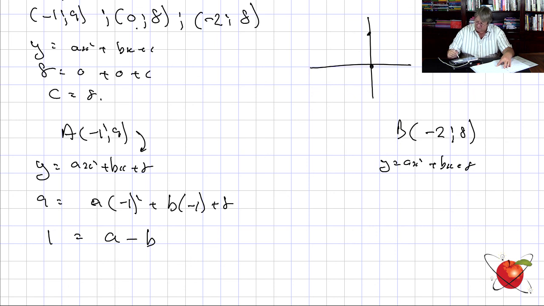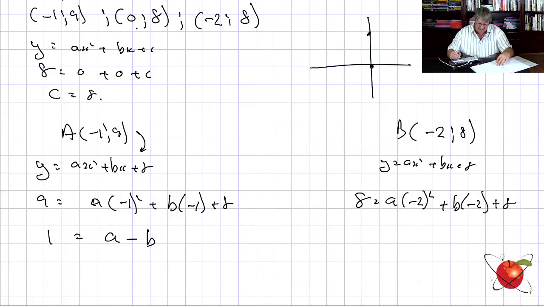The next one, we say 8 is equal to a times -2 squared plus b times -2 plus 8. Guys, why am I doing the brackets? Remember, when we substitute in, use brackets every time. They're the safety belts. They're going to prevent a mistake with the negative, which is going to sink us. So I write that down and I end up with 2a minus b equals 0.